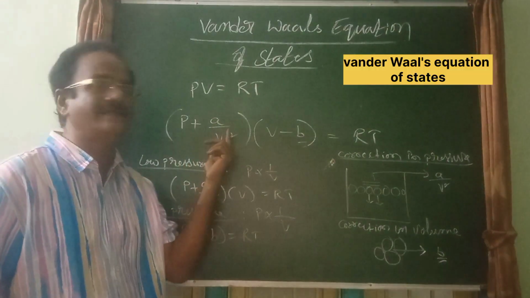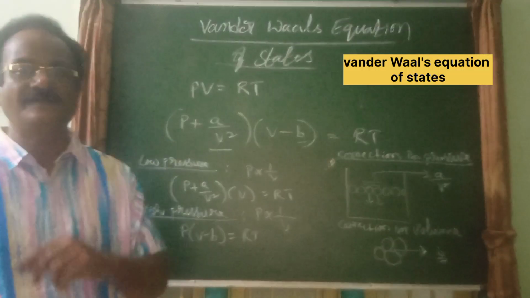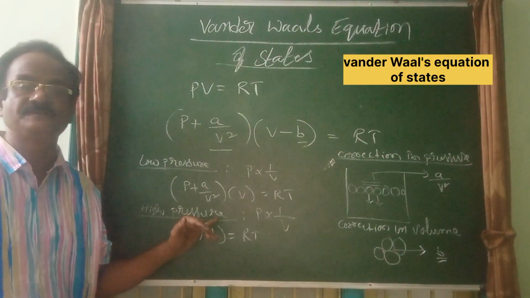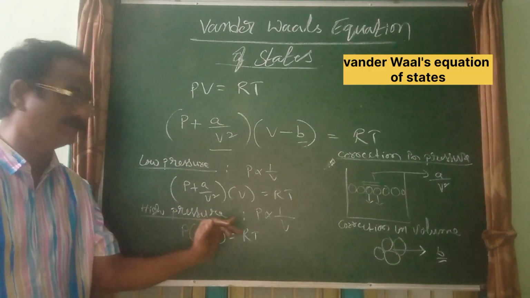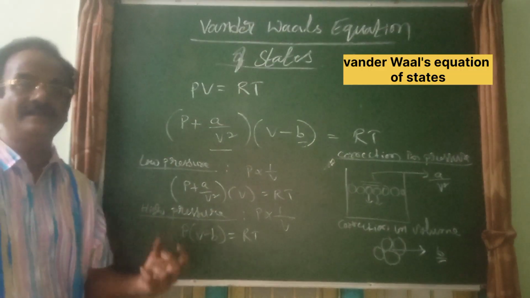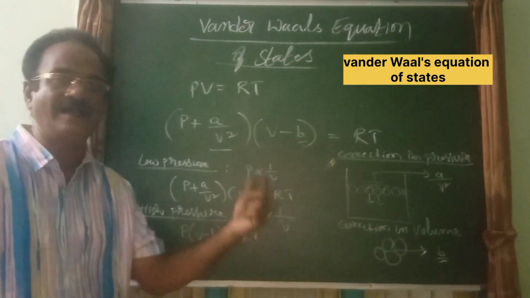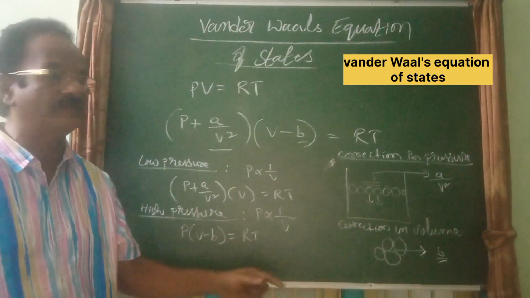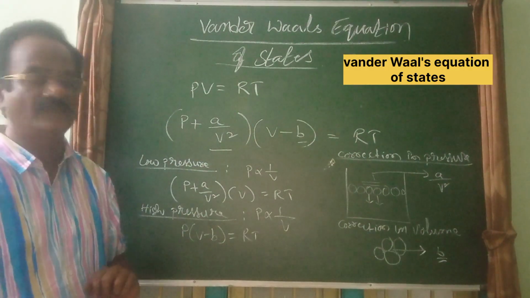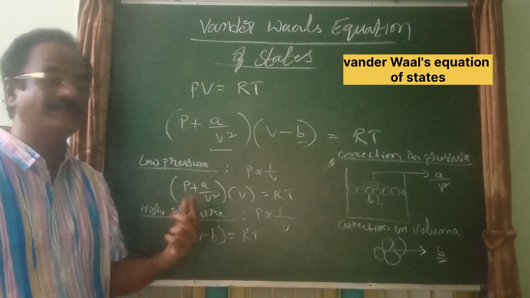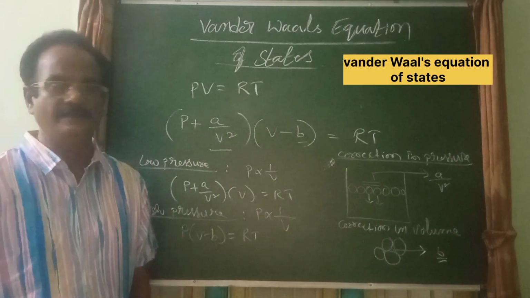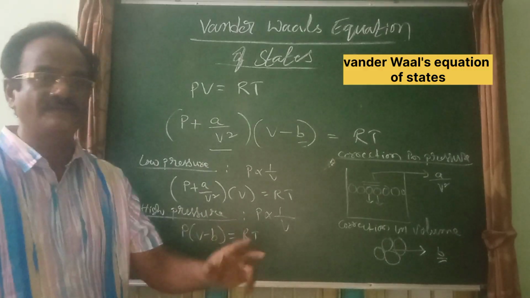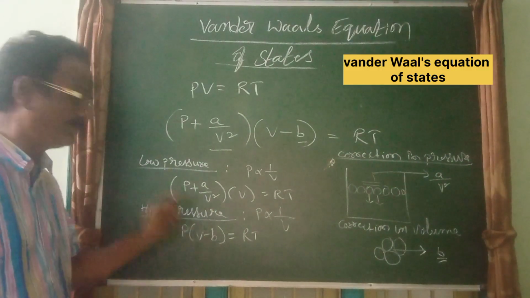So the added attractive forces have no significance at high pressure. Being at very high pressure, volume is restricted, so b has significance. So we continue with P(V − b) = RT. This is the Van der Waals equation of state at high pressure.